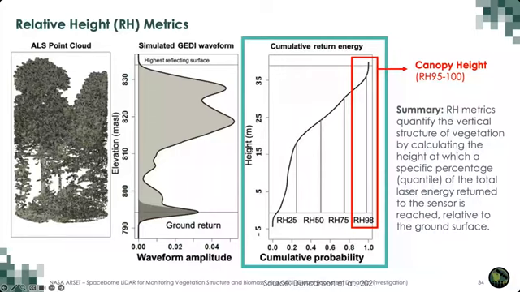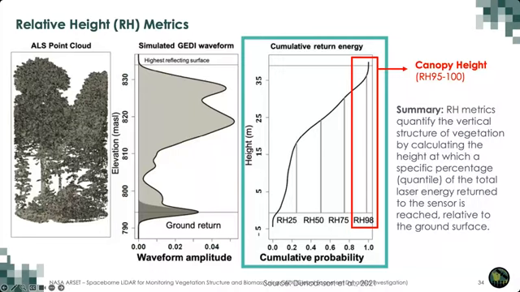So you may remember seeing this figure before when we first introduced the idea of the waveform. Now we are seeing a third plot which shows the cumulative energy returned at each height as a percentage of the total energy of the waveform. So this is called the cumulative return energy profile, with percentages converted to cumulative probabilities that range from 0 to 1.